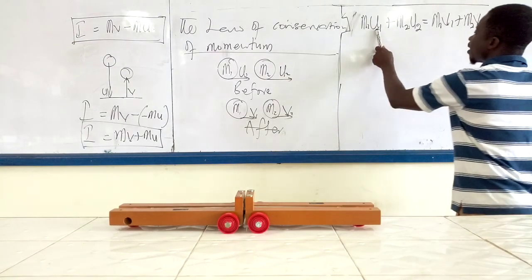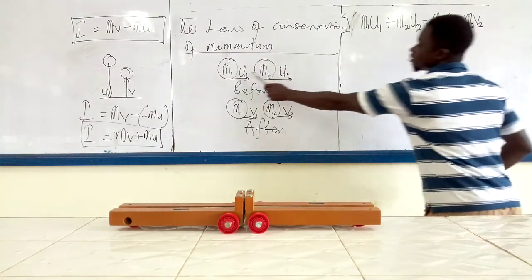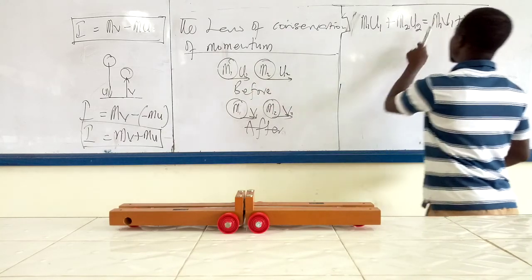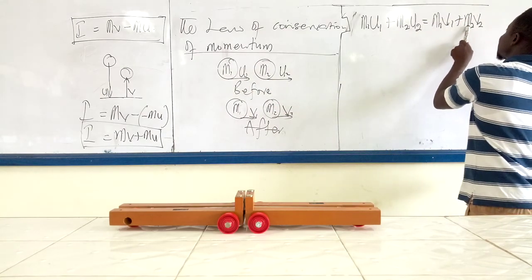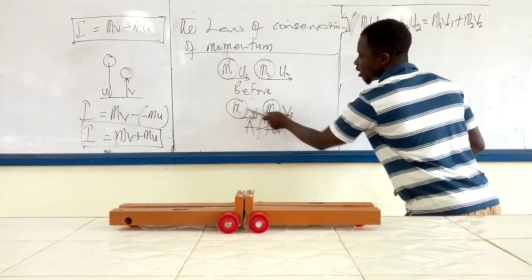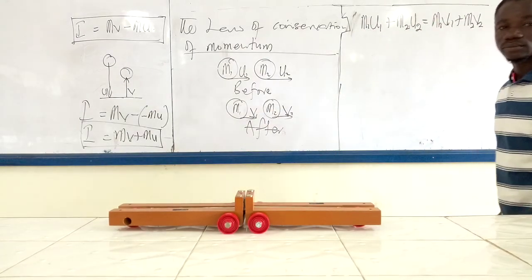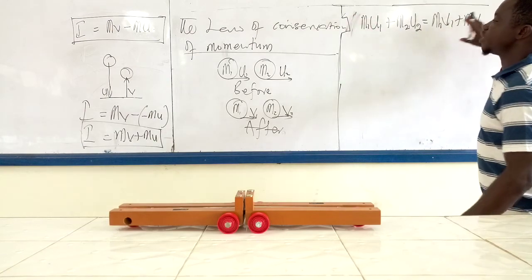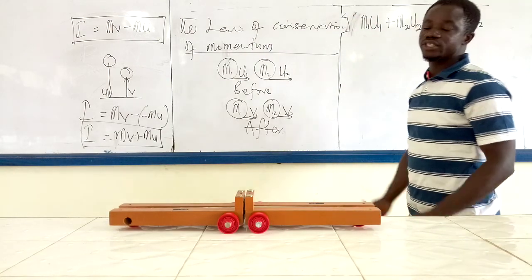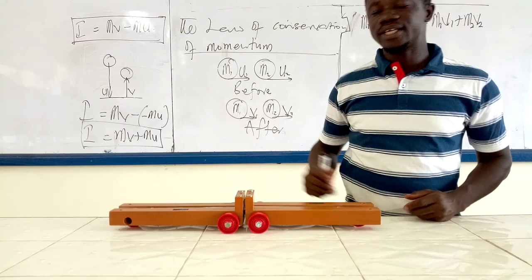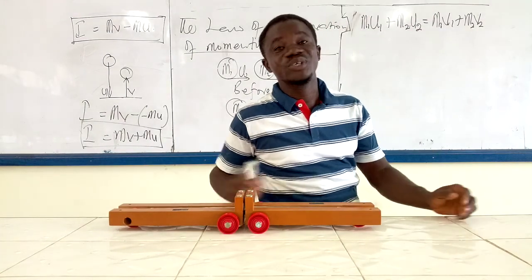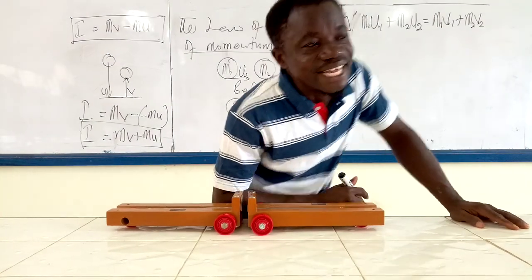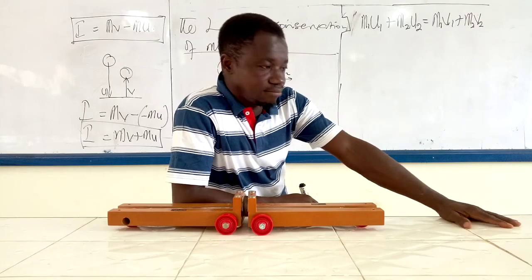So m1 u1 plus m2 u2 is the momentum before collision, and that is equal to m1 v1 plus m2 v2, the momentum after collision. Alright? Good. So this is the relation we get from the law of conservation of momentum. And momentum is always conserved in a system of linear collision.